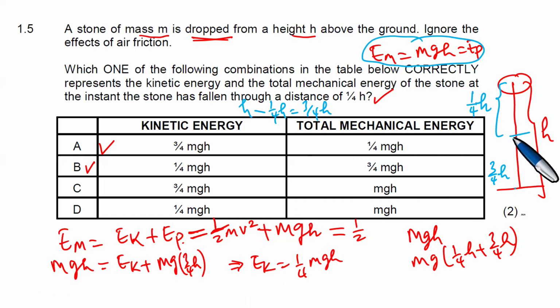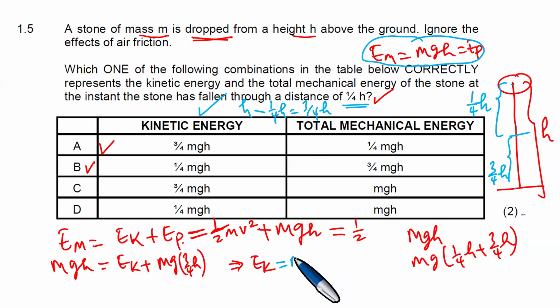So what is the potential energy? The potential energy is mg times the height. The height that is remaining after it has fallen 1/4 is 3/4. But the total mechanical energy at the highest point is mgh at the full height. So now we solve for kinetic energy from this equation, because mechanical energy is the sum of potential and kinetic.